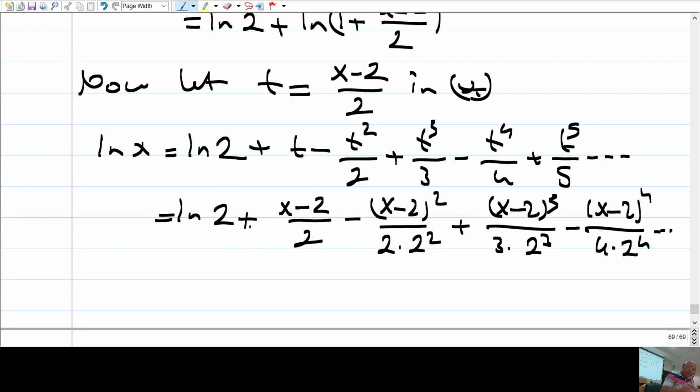So this is the Taylor series of ln x in powers of x minus 2.